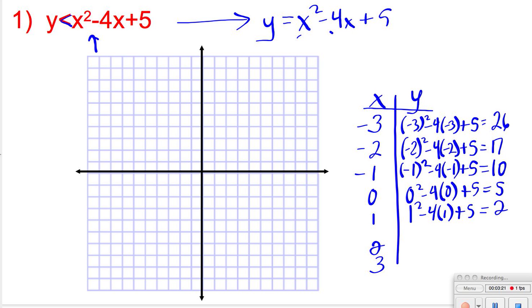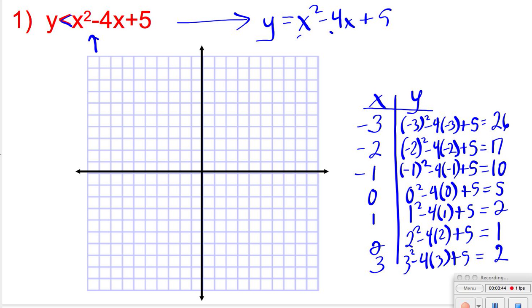Now we try 1. And I'm going to get 2 squared. 2 squared minus 8. So 4 minus 8 plus 5 is 1.